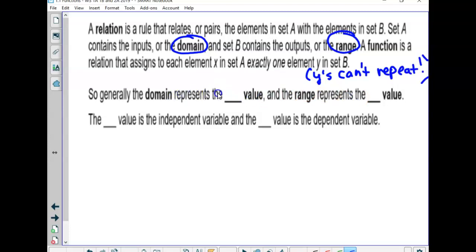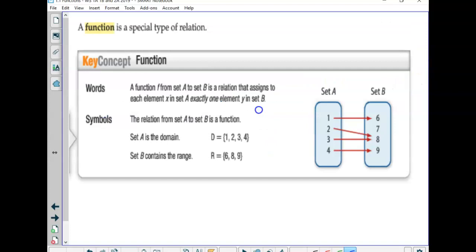Generally the domain represents the X value and the range represents the Y value. We change the X value, it is independent, and we say the Y value depends on what we put in for X, right? How we doing? All right, so is this a function?